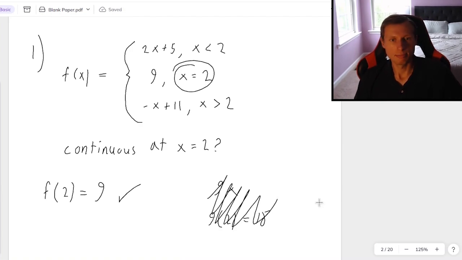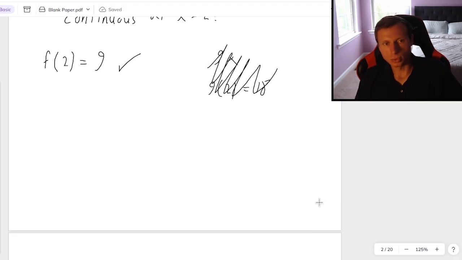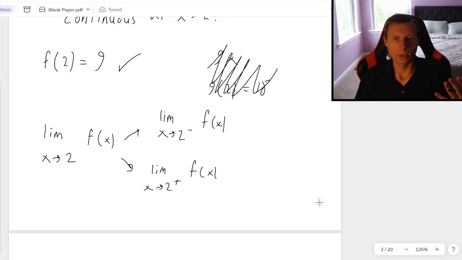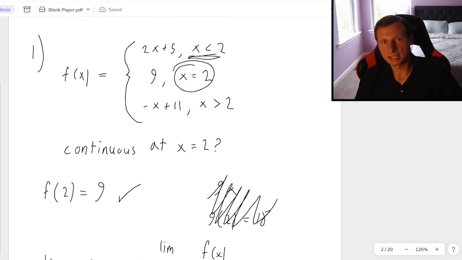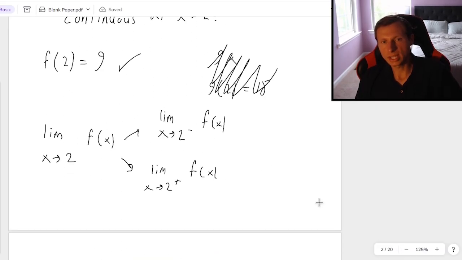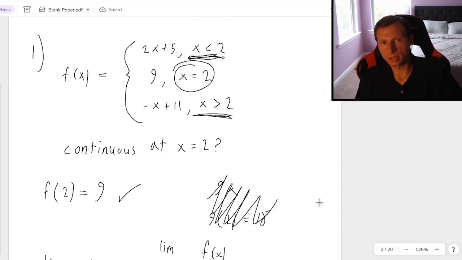So check 1, passed. Check 2, this is the tough one. The limit as x approaches 2 has to exist. And to do that, I'm going to be looking for the left hand and the right hand limit. When it comes to a piecewise function, the left hand limit is the less than sign, and the right hand limit is the greater than sign.